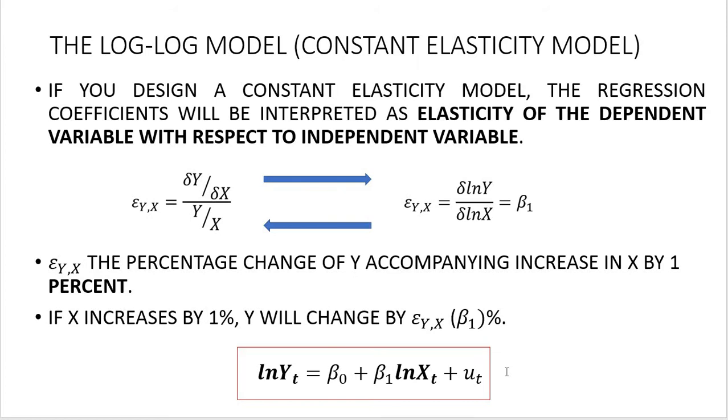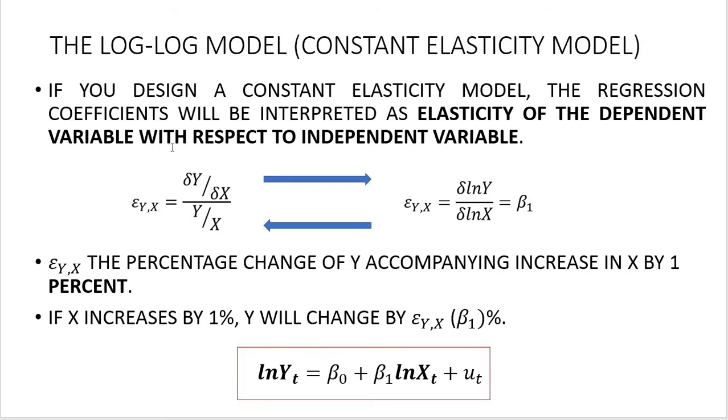So this model has a very interesting property. You probably know that we calculate elasticity of y with respect to x using the following formula: the derivative of y with respect to x divided by the ratio of y to x.